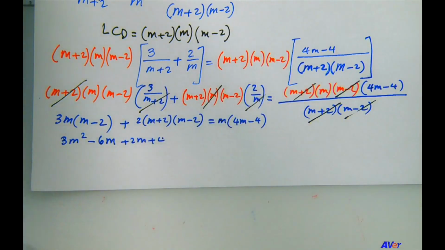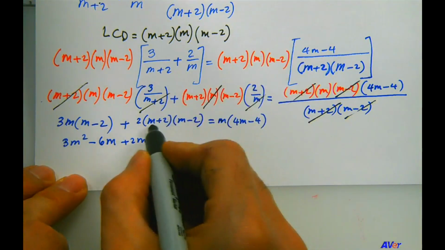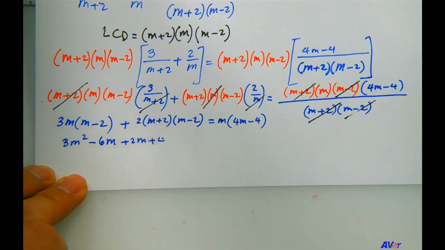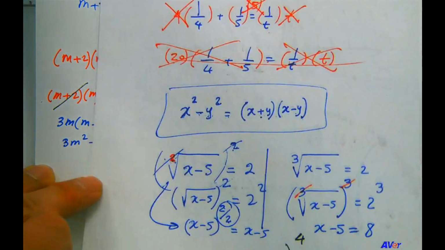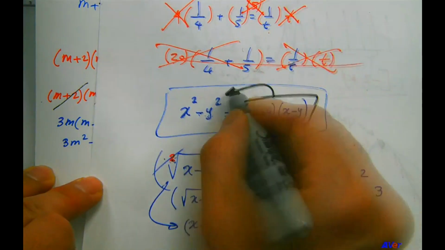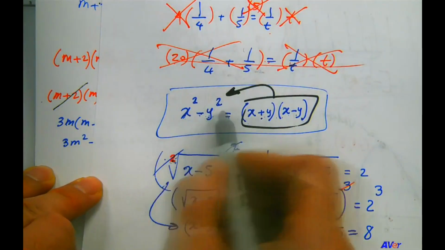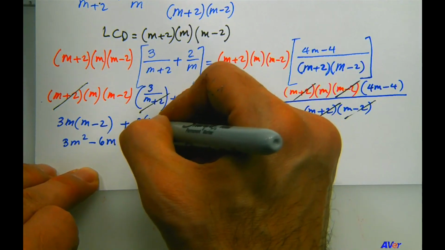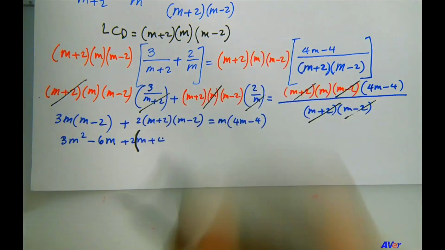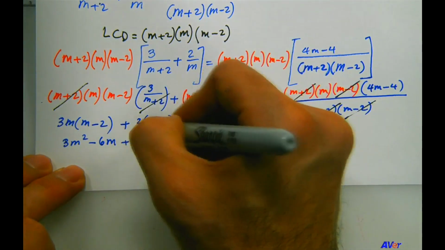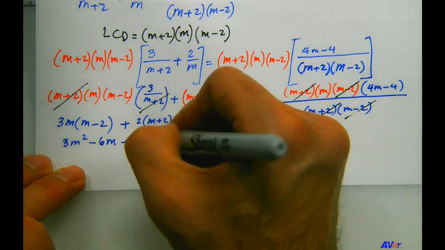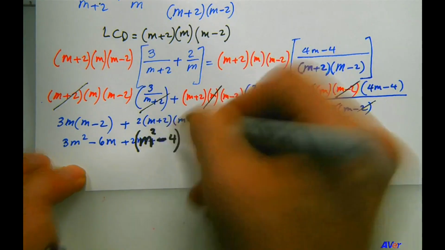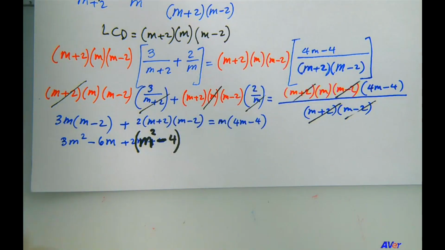This is the reverse of x squared minus y squared, so we can write it like that. So 2 times m squared minus 4.